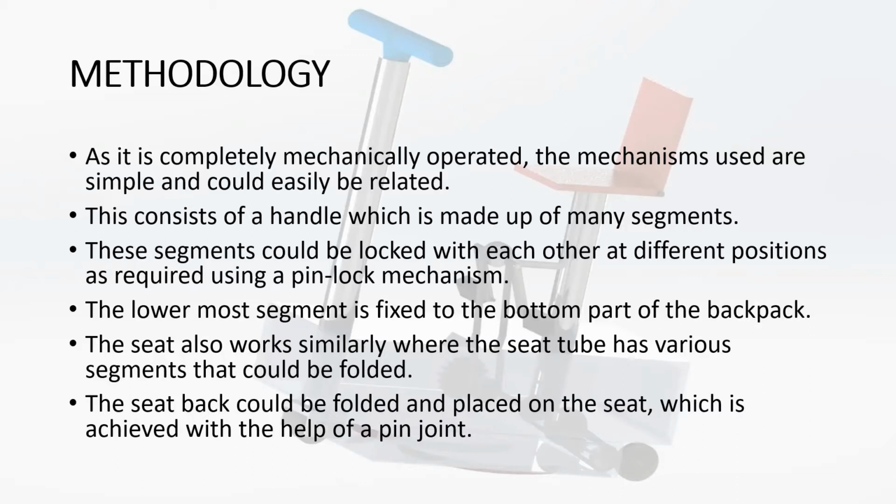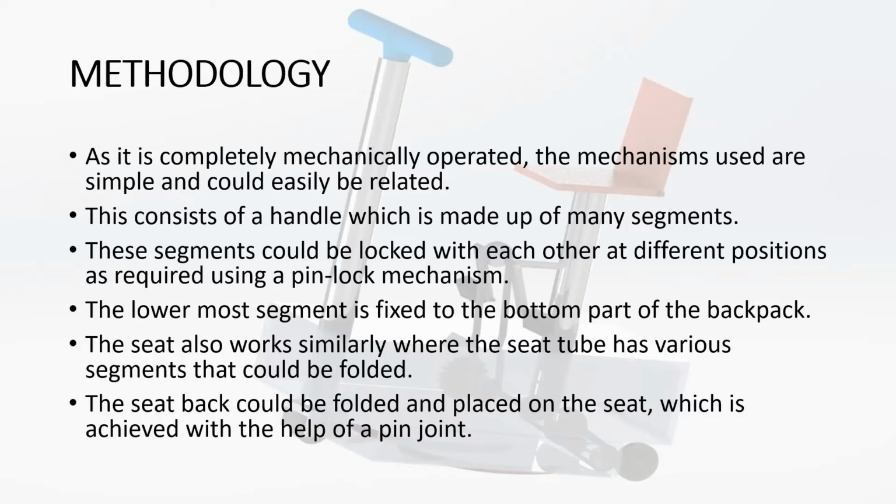The lowermost segment of this handle is fixed to the bottom part of the back part. The same is the case with the seat, where the lowermost part is fixed at the bottommost part of the backpack, and the others could be folded and extended with the help of a pin lock mechanism.